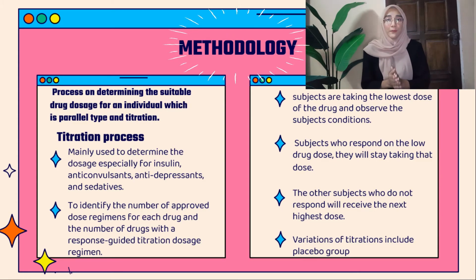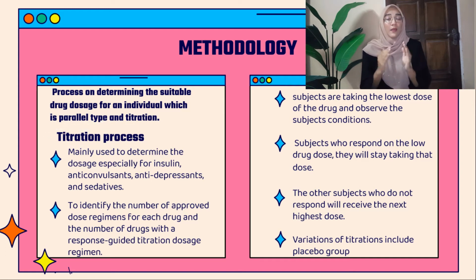There are 2 types of commonly used techniques for determining the suitable drug dosage for an individual, which are the parallel type and the titration type. And our group chose the titration process.